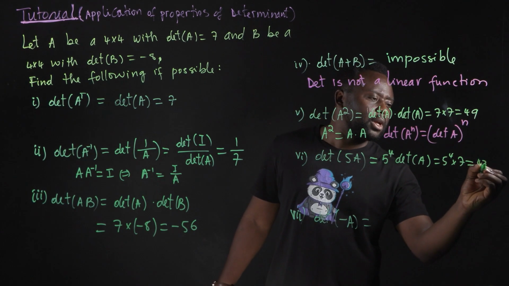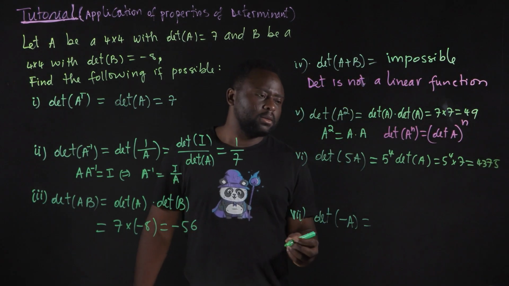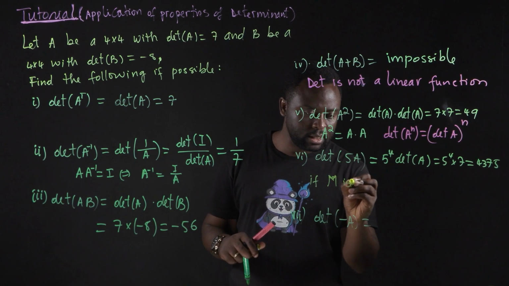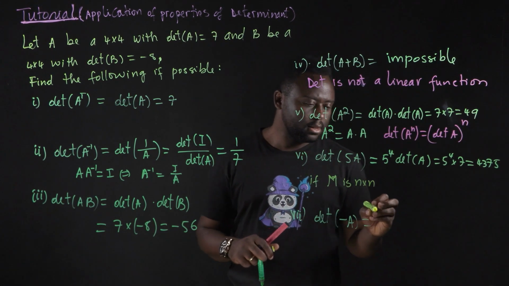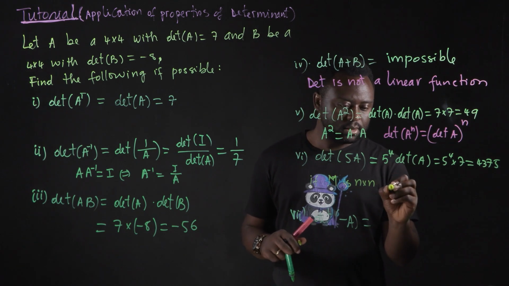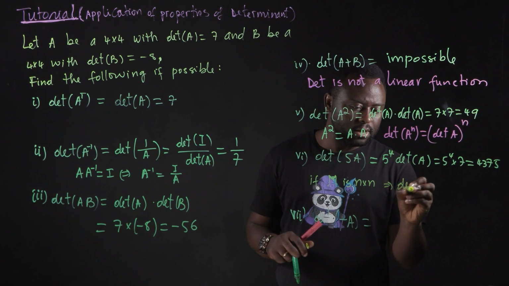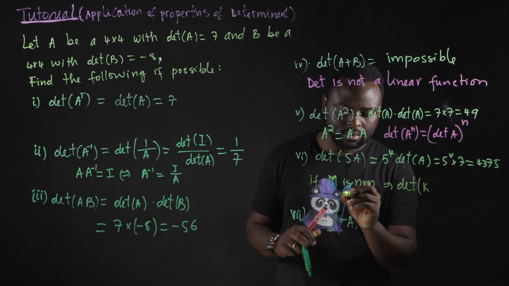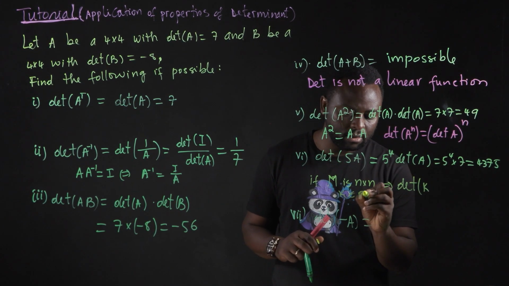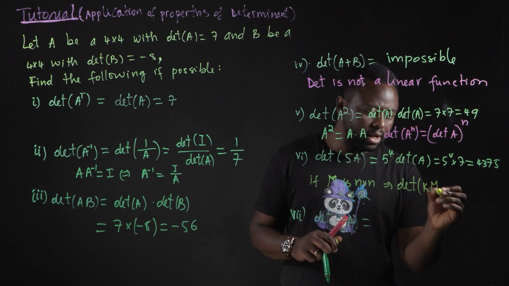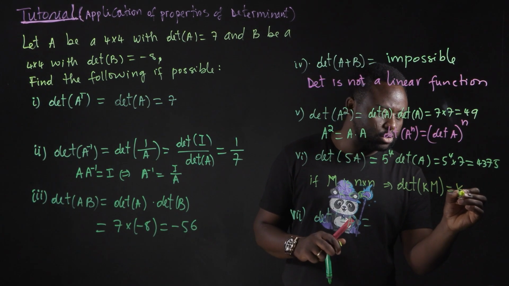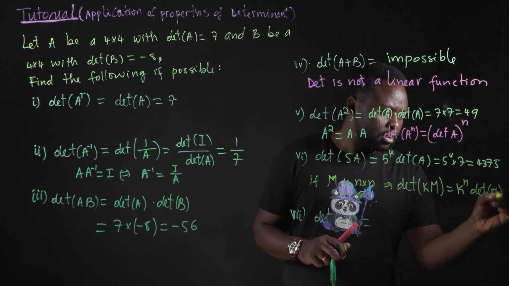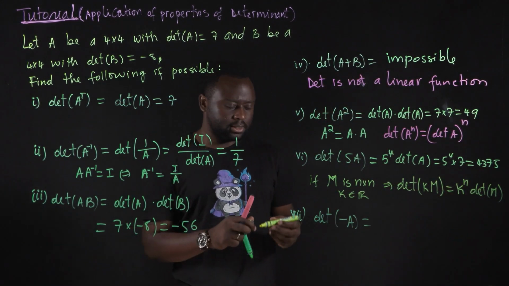This is 4375. In general, if you have a matrix M that is n by n, and k is a given constant, okay? Then the determinant of k times M is just k to the power n times the determinant of M. Okay, this is to generalize.